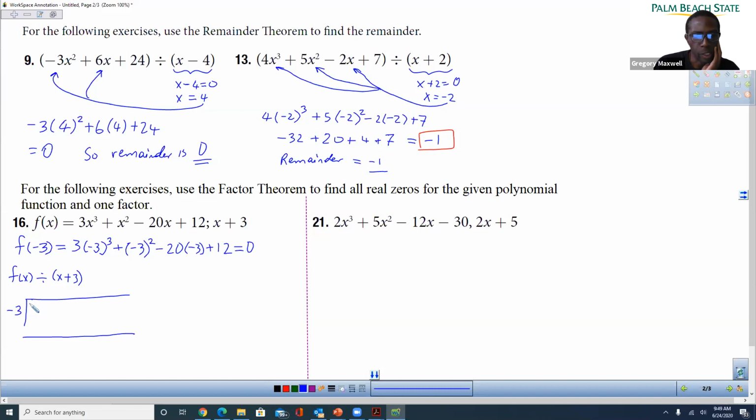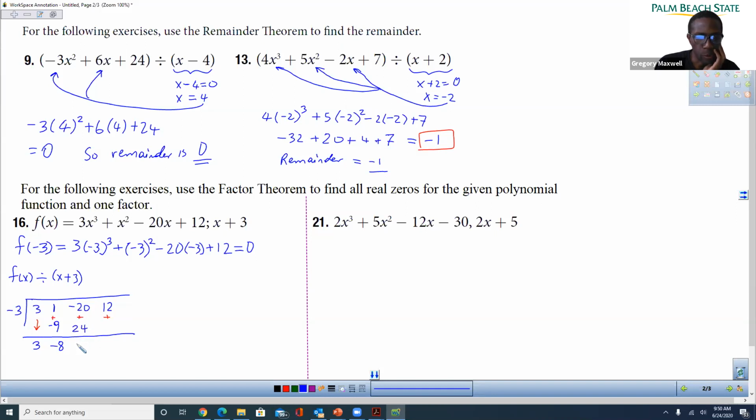Our coefficients are 3, 1, -20, and 12. And so what we do is we drop our first coefficient. We get 3, and we multiply -3 times 3 is -9, and then we add to the one above. And so we get -8. And then -3 times -8 is positive 24.